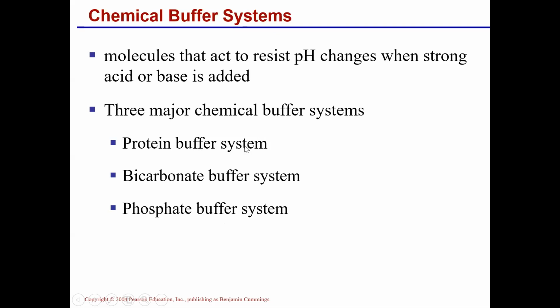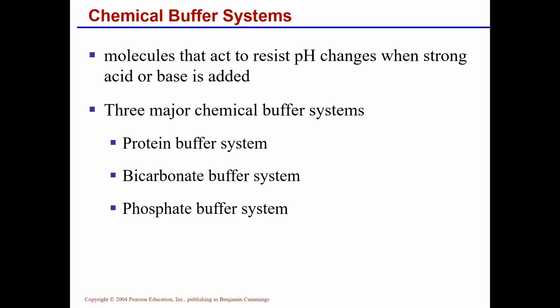If we look at the protein buffer system, we know most of the proteins carry negative charges. So they have the ability to bind to a hydrogen ion, because hydrogen ion carries the positive charge. By doing that, it can take the free hydrogen away.